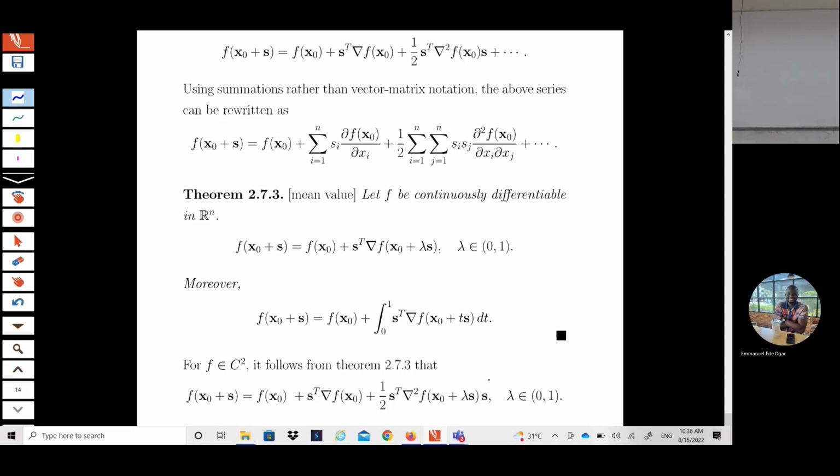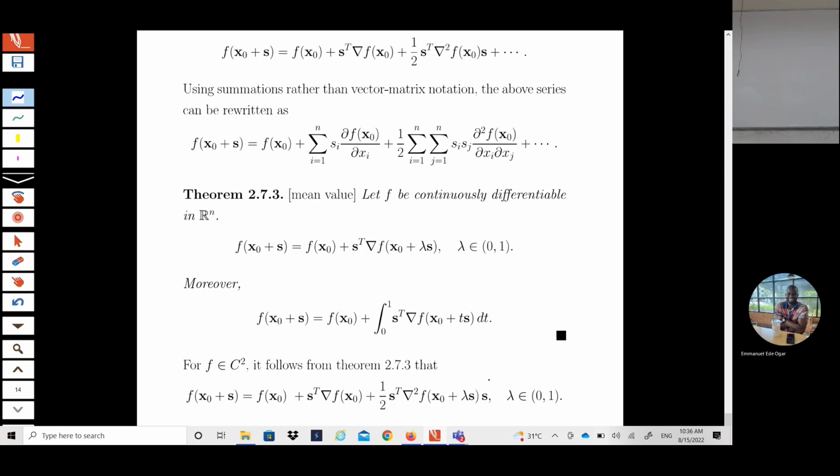Then f(x naught plus s) is equal to f(x naught) plus s transpose, the gradient of the function f at the point x naught plus lambda s, where lambda is between 0 and 1. This is what we call the differential form of the mean value theorem.